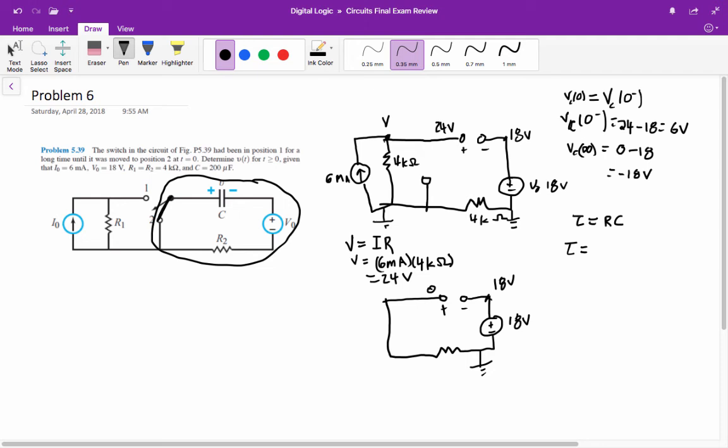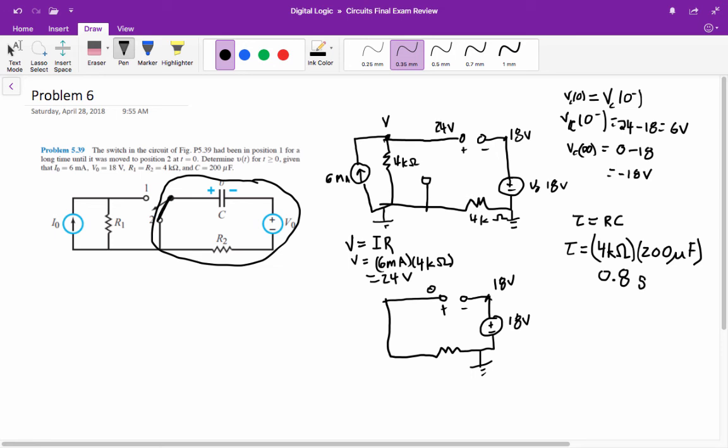In that circuit, R is 4 kiloohms and C is 200 microfarads. Micro is times 10 to the minus 6. So if you multiply 4 times 10 to the third by 200 times 10 to the minus 6, you get 0.8 seconds.